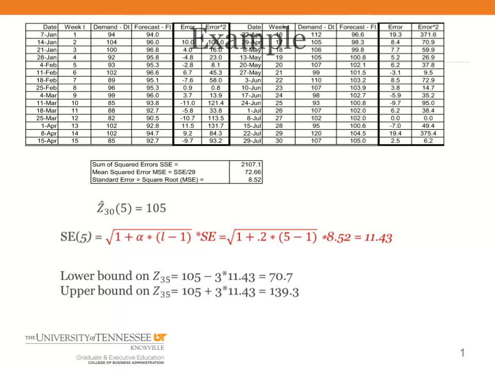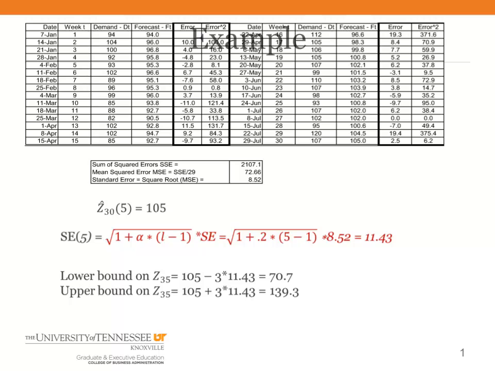And then I want to know the standard error for a forecast that's made 5 weeks into the future. Well, that'll be some multiple bigger than 1 times the standard error that I get when I'm only forecasting 1 week into the future. So that square root portion of the formula there is the adjustment I make to take into account that I'm forecasting 5 weeks into the future.